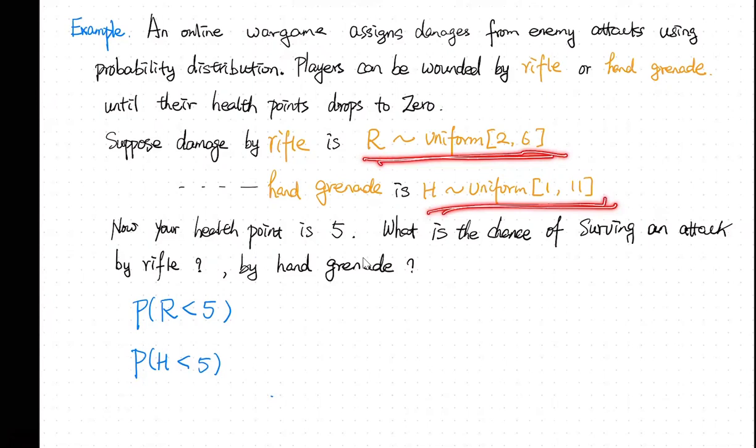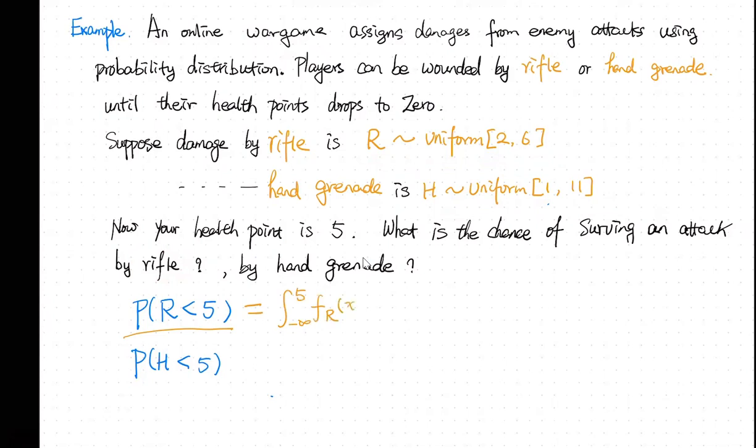by hand grenade. So in the case of the rifle, the probability of surviving is the probability that the damage is less than 5. So that is this probability that the rifle damage is less than 5. And that can be obtained by this integral from negative infinity to 5 of the probability density function of R, f(x) dx.